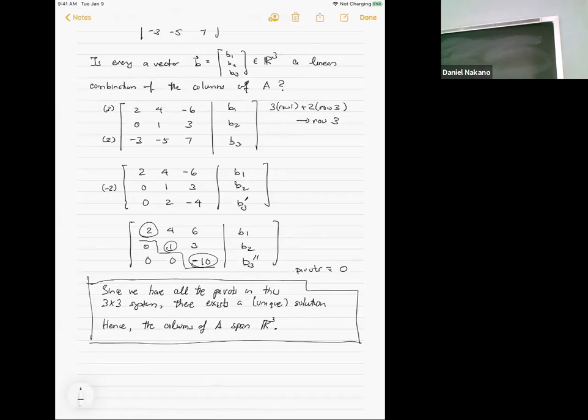So we're going to move on to looking at specific types of systems of equations.